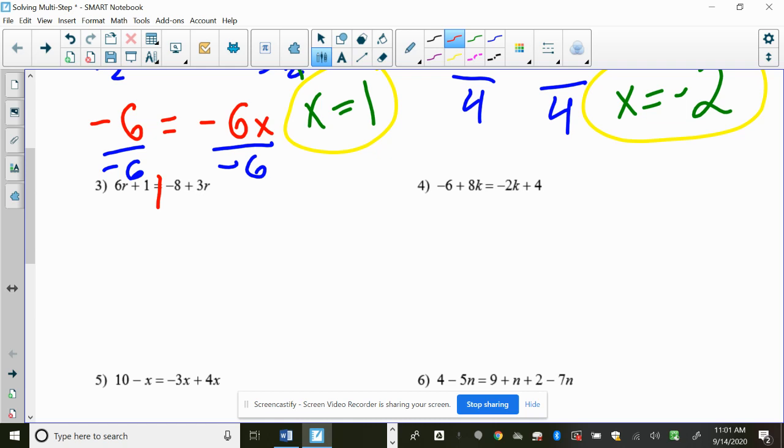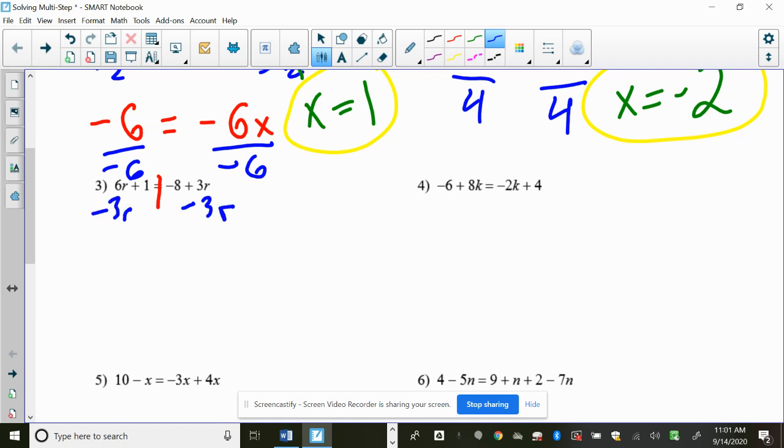So now we have variables on both sides. So the general rule we're going to follow is we're going to get rid of the smaller one. Okay, so for comparing 6r and 3r, 3r is smaller, so let's get rid of that. How do we get rid of a plus 3r? Well, the opposite of adding 3r is subtracting 3r.